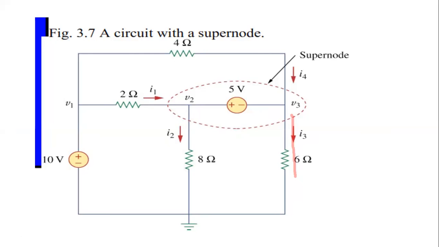In this case, you can see we have a voltage source between V2 and V3. So for these types of things, we have to go for a super node.